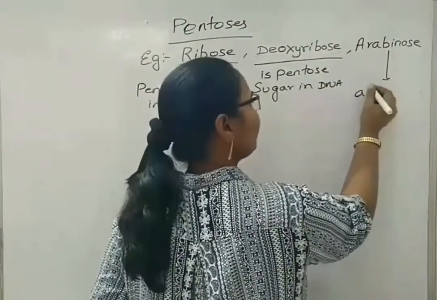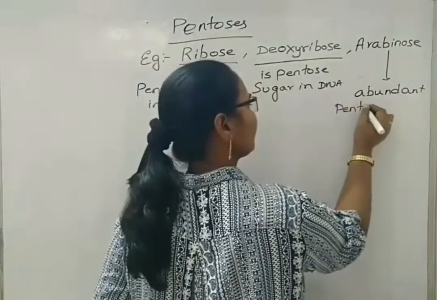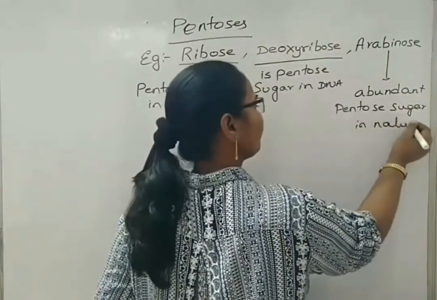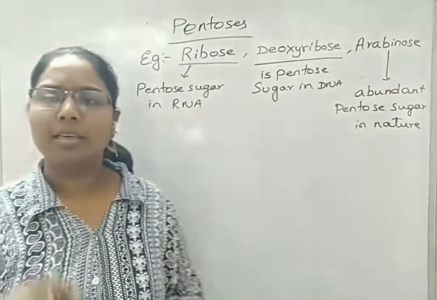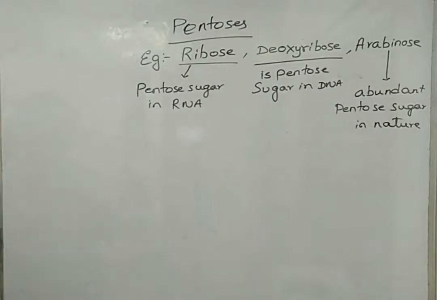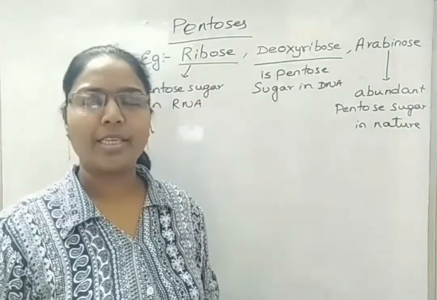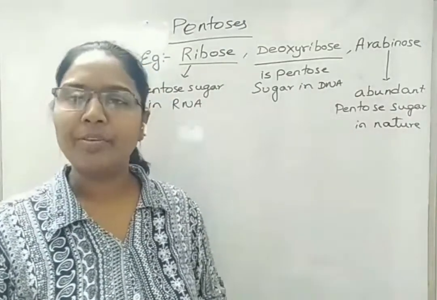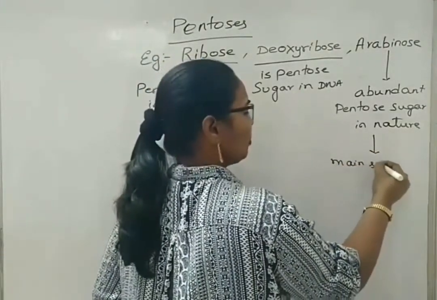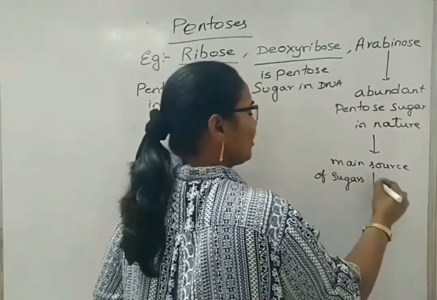Arabinose is an abundant pentose sugar in nature. It exists in the outermost layers of vegetables and rice husk, etc. In bacteria, the main source of energy is obtained from the arabinose type of pentose sugar. So it can be considered the main source of sugar for bacteria.